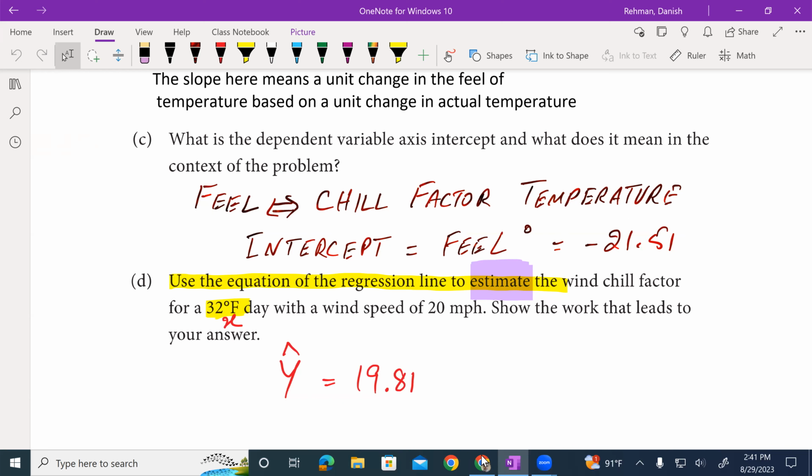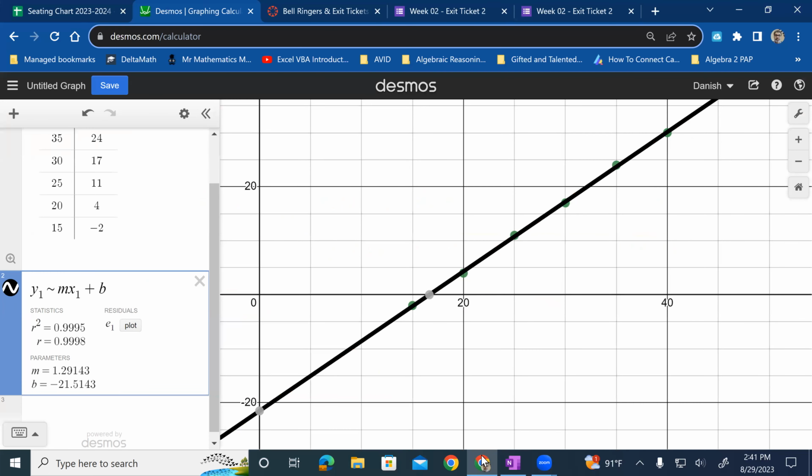And if it is different from the actual temperature, the difference is called a residual. The difference will be called what? Residual. Did you notice something in Desmos? Let me bring it up here again. You see this? It's saying residuals. Residuals are the difference between your observed data and the estimated data from the regression line.